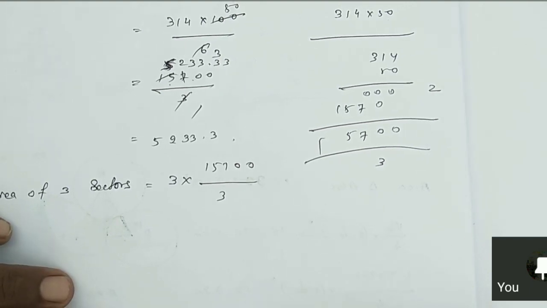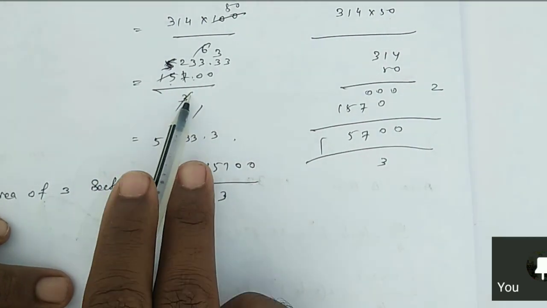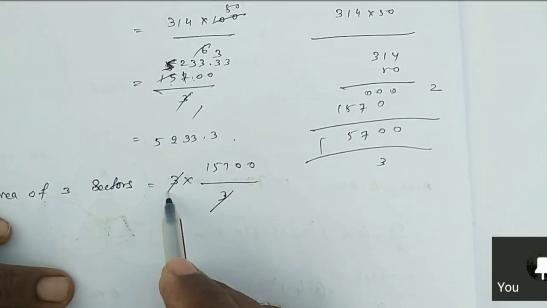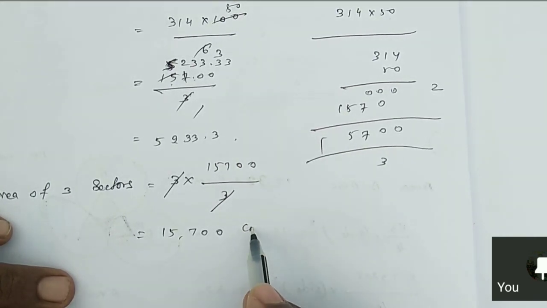For 3 areas, we multiply 3 into 15,700 by 3. Previous step itself. So we can cancel 3 3. What is the remaining? 15,700 centimeters square.